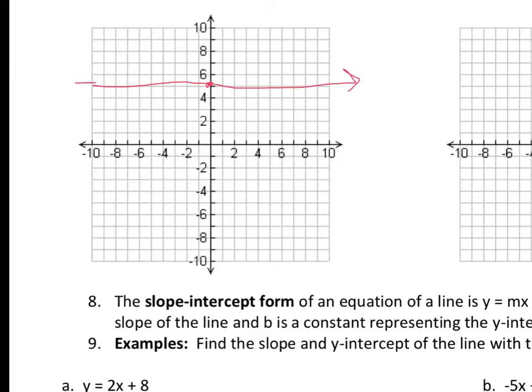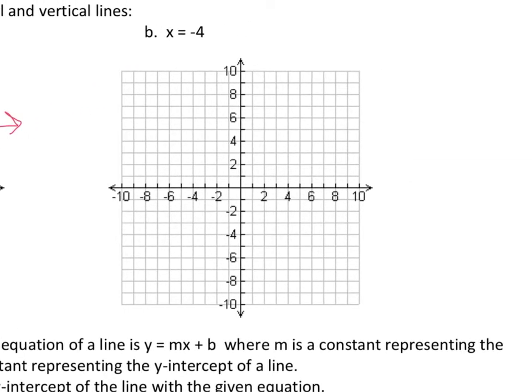Mine's a little crooked, but you get the idea. And now if we're going to do something like x equals -4, it's almost the same procedure, but in this case we're going on the x-axis, finding -4, and then drawing a vertical line through it. So x equals a number is a vertical graph.